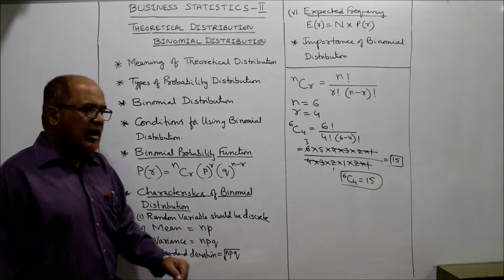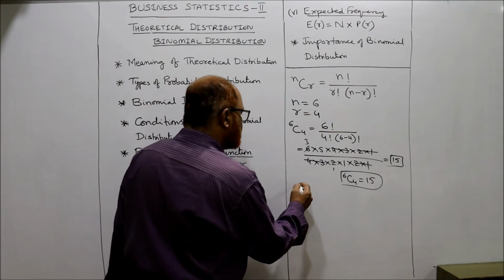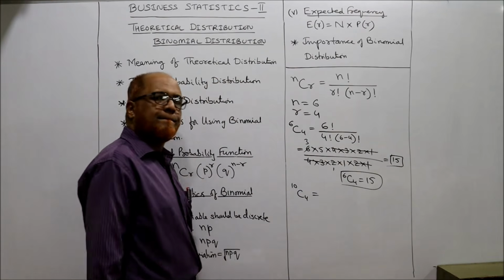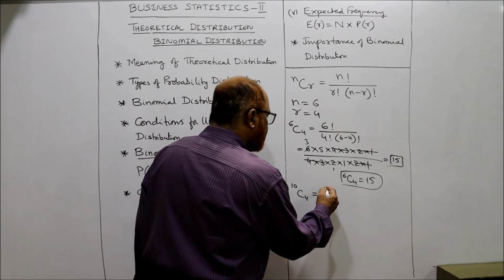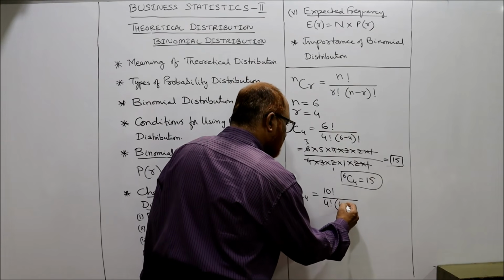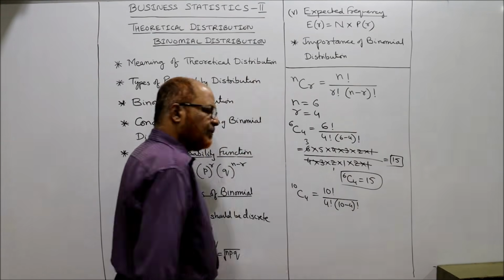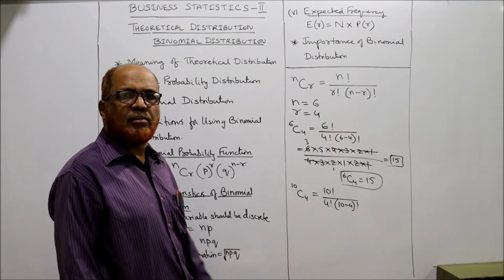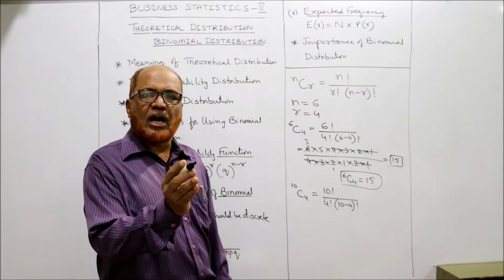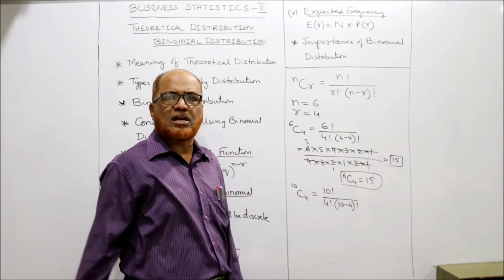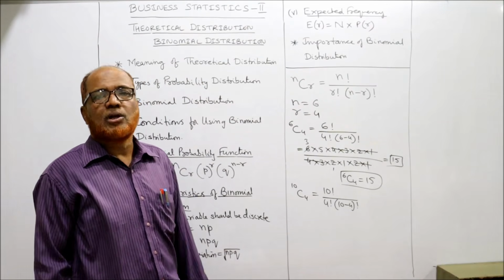Now I'll give another example. Suppose we take 10C4. So 10 factorial divided by 4 factorial into 10 minus 4 factorial. This is the expansion of 10C4. Now 10 factorial का मतलब 10 into 9 into 8 into 7, 6, 5, 4, 3, 2, 1 पूरा जाना पड़ेगा. It's a lengthy process, so why go?